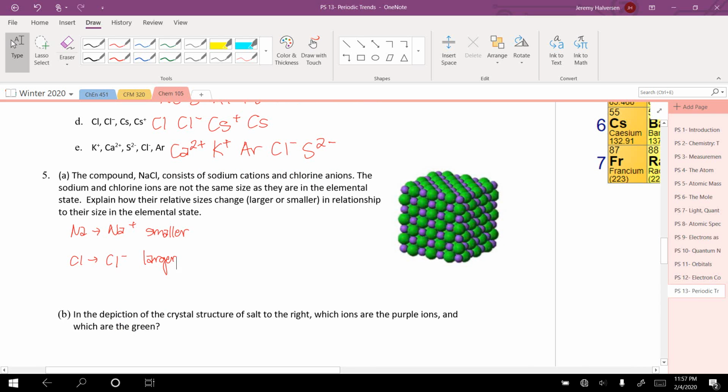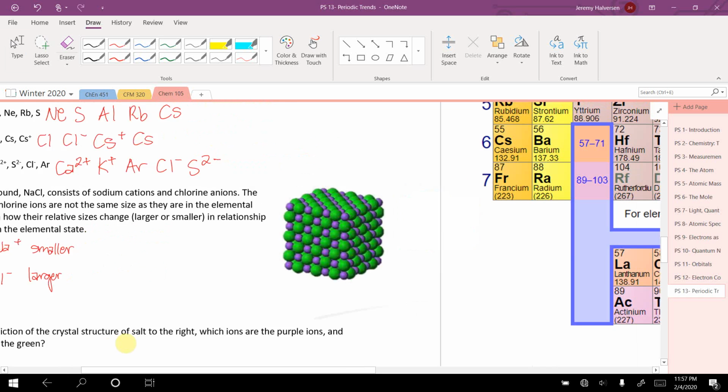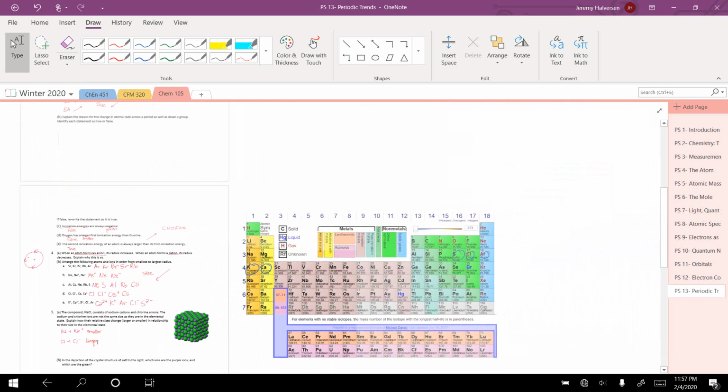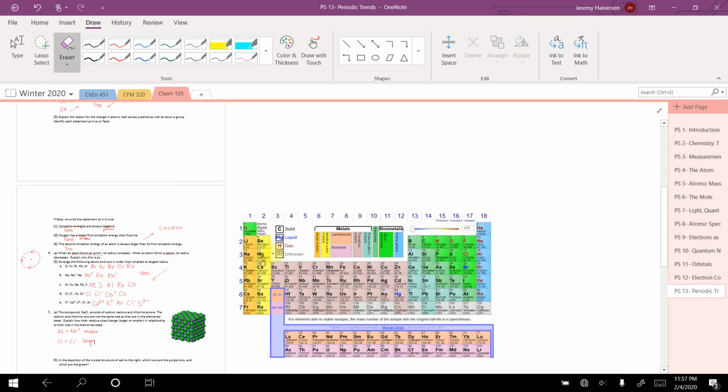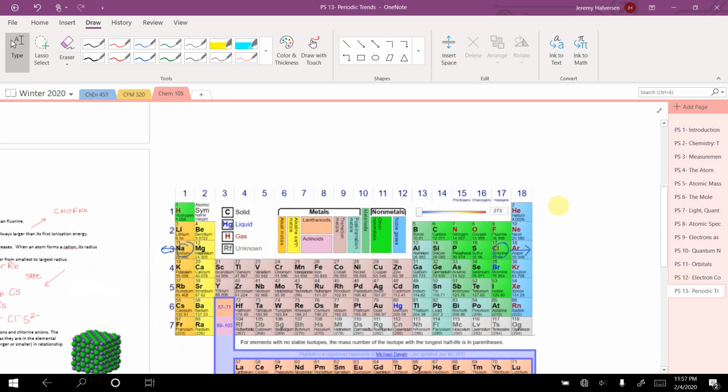In the depiction of the crystal structure of salt to the right, which ions are the purple ions, which are the green? Well, I've got sodium, which then gets smaller, and chlorine, which then gets bigger.